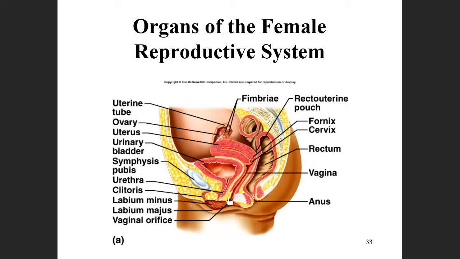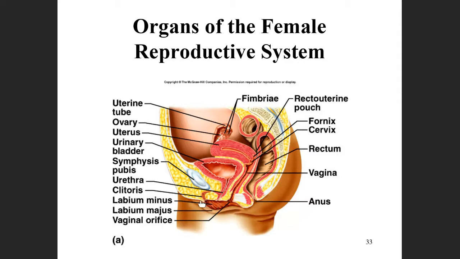The vagina, you can see here, has a rugae structure. This means it can elongate if necessary. The vagina opens up into the vaginal orifice, and that is what falls within the vestibule.